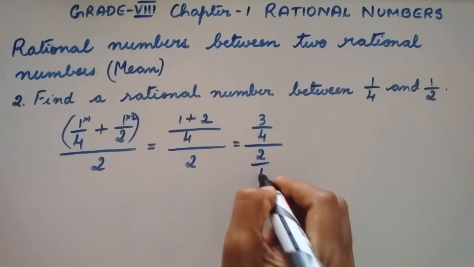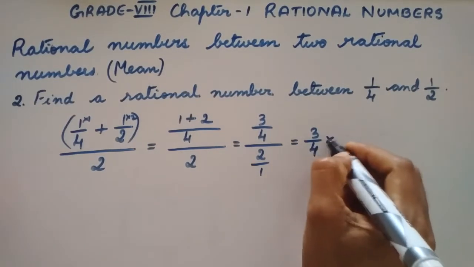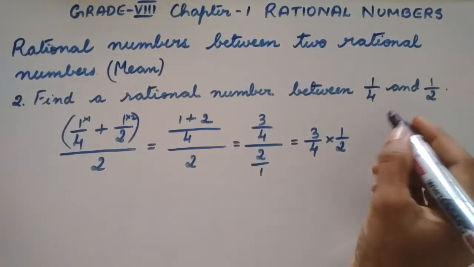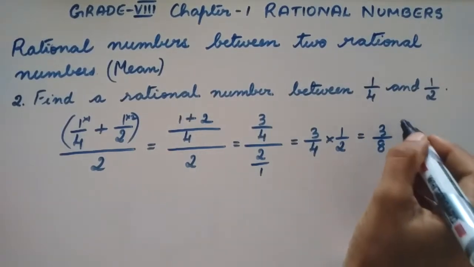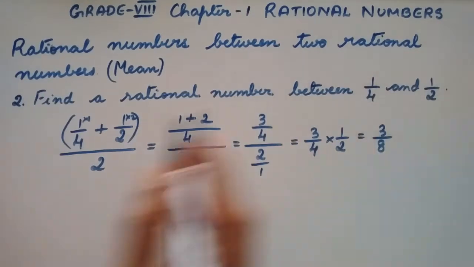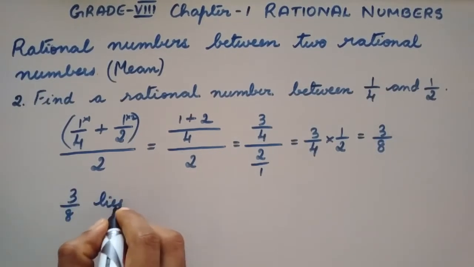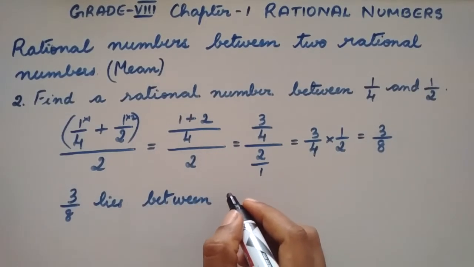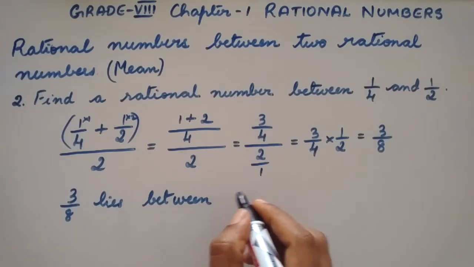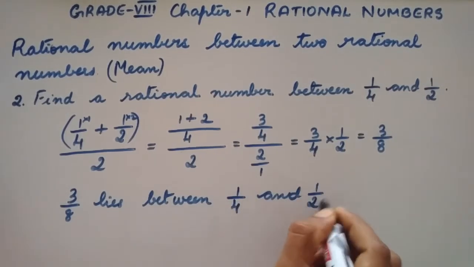This 2 is nothing but 2 by 1, which is equal to 3 by 4 into 1 by 2. So 3 by 8. So 3 by 8 lies between 1 by 4 and 1 by 2. So 3 by 8 is a rational number between 1 by 4 and 1 by 2.